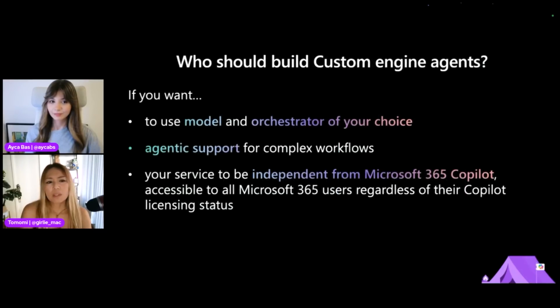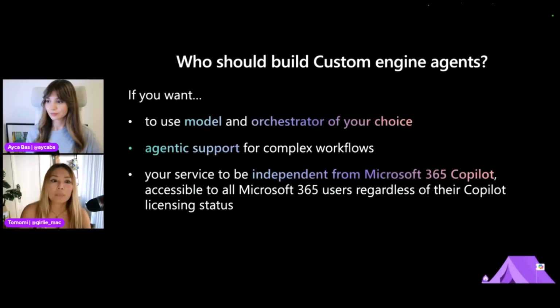So you might wonder, which agent should I build? Well, I would say you should try both, but I suggest a custom engine agent if you want to use the model and orchestrator of your choice. And when you want to support agentic behavior for something complex, like complex workflows, meaning multitasking kinds of flows, or maybe using proactive triggers, asynchronous processing, and things like that.